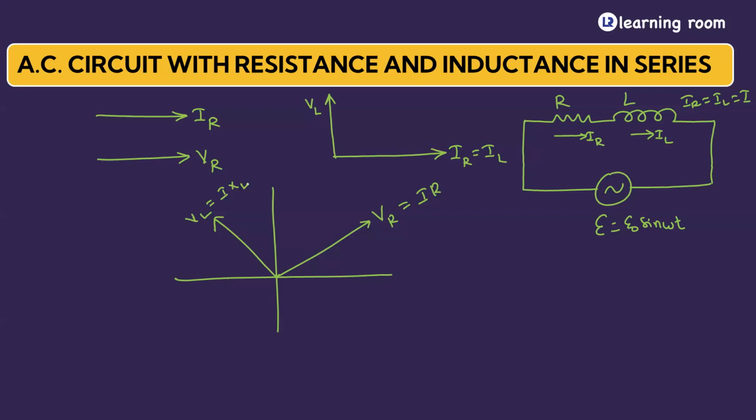When there are two vectors, the resultant is going to be in this direction. And for the resultant, I will represent it as V with the subscript Z. Okay. And VZ is written as I into Z. Any idea what that Z is called as?